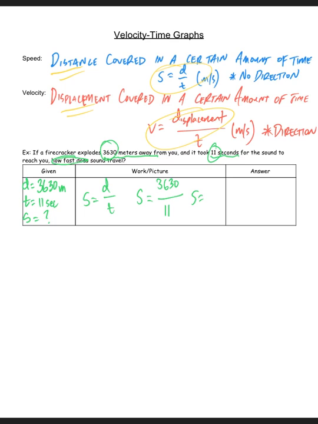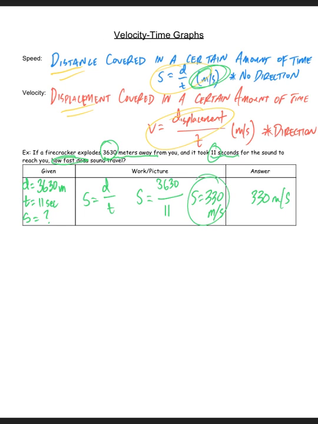If I divide 3,630 by 11 seconds, I get 330. The unit for speed, if I circle it up here, in our definition is meters per second. That's how many meters, 330, you travel in 1 second. So that is the speed of sound, and my answer is 330 meters per second.